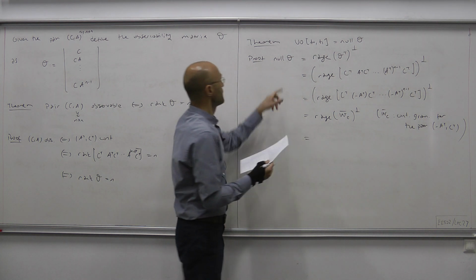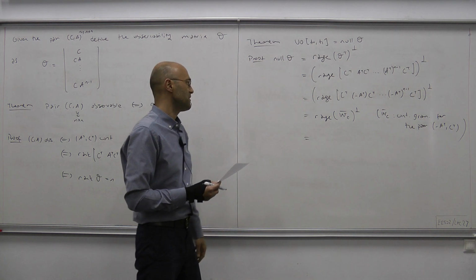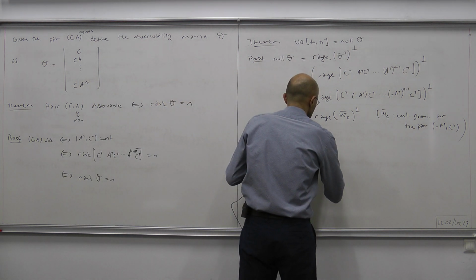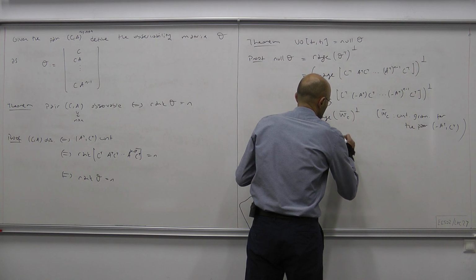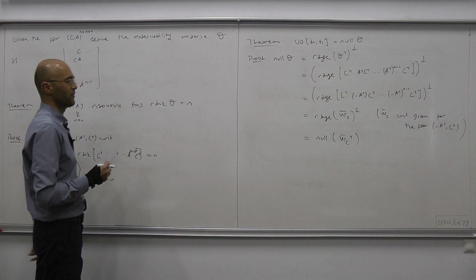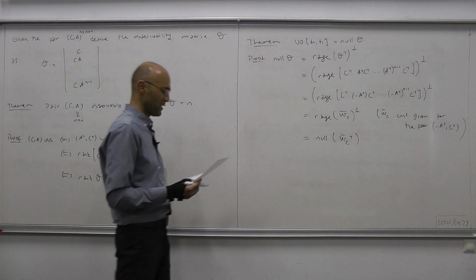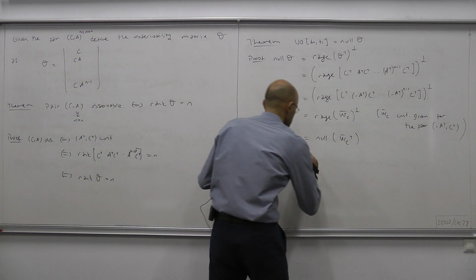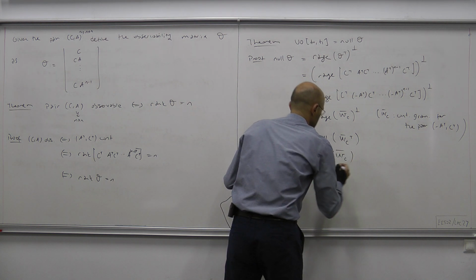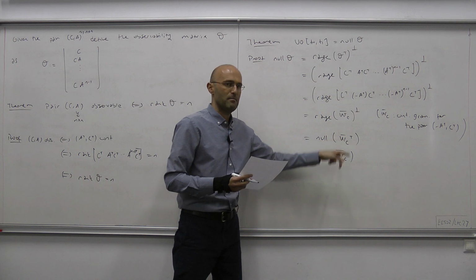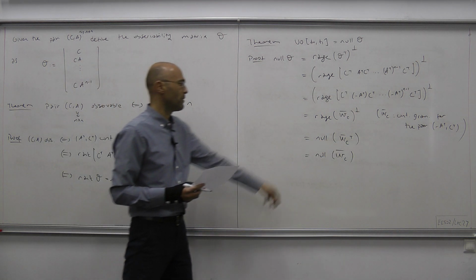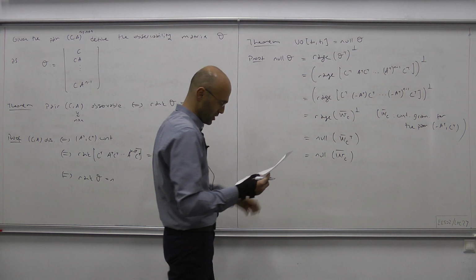And then we use this fundamental theorem once again. This can be written as the null space of something, and that's the null space of this matrix's transpose, the controllability Gramian of the second system transpose. And then this equals the null space of the same matrix, because Gramians, both observability and controllability Gramians, are symmetric matrices. Therefore, we can get rid of the transposition.